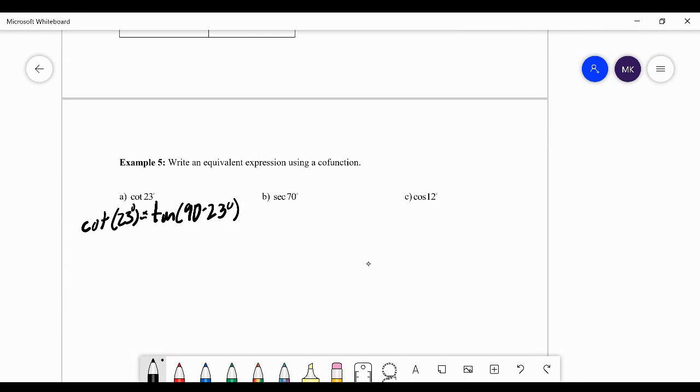So that means cotangent of 23 degrees is equal to the tangent of, what is 90 minus 23? 90 minus 23 is 67. So that's the same as tangent of 67 degrees.